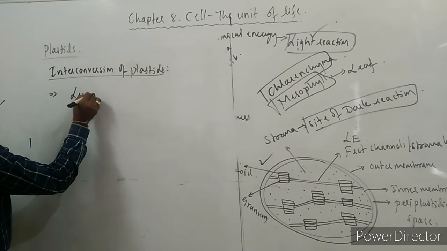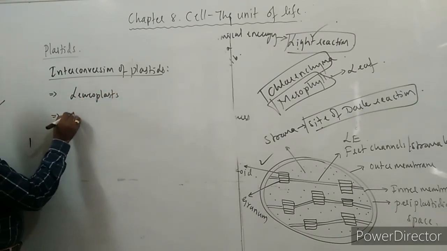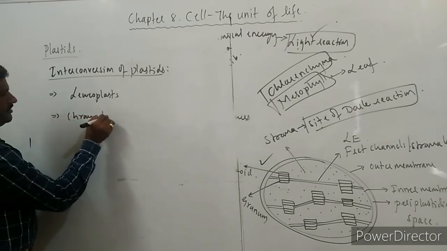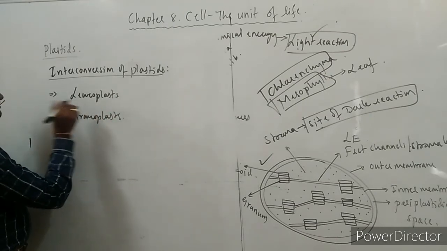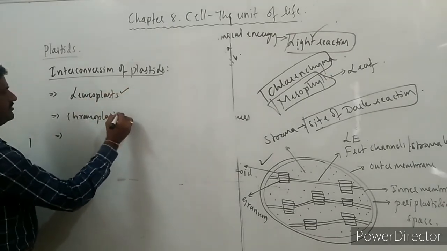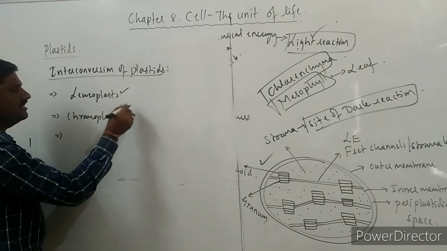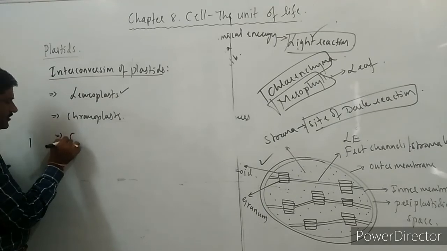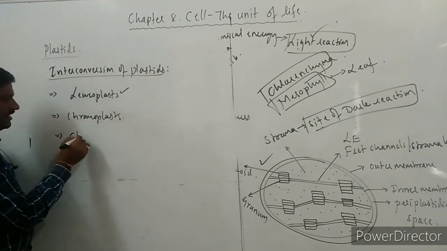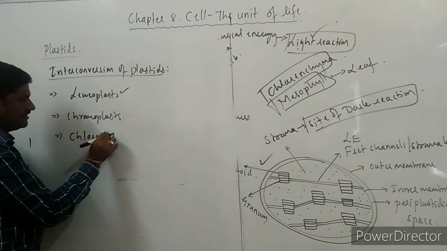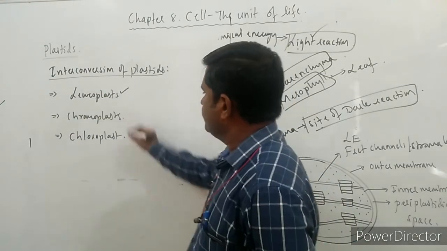One is leucoplasts, the second is chromoplasts, where we have divided green as well as non-green ones, but here I will take chloroplast as the third one.